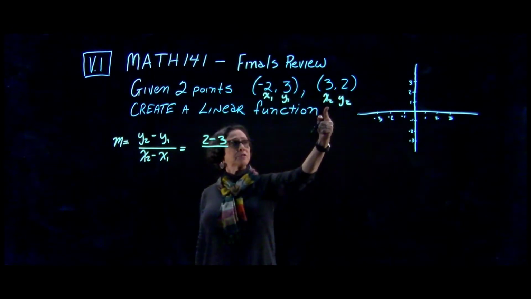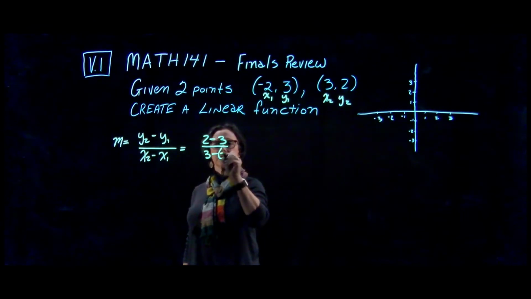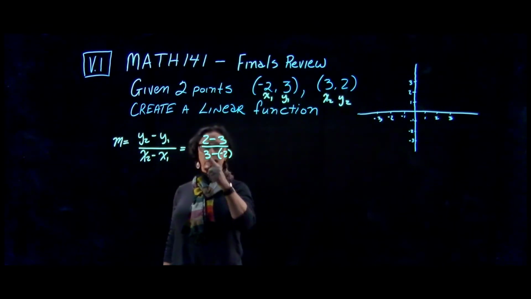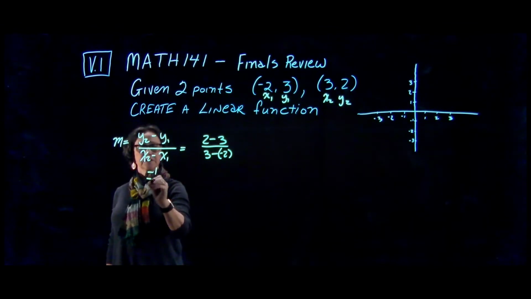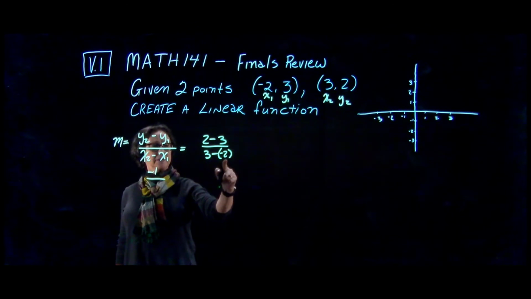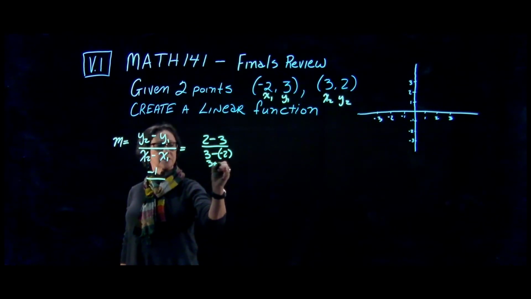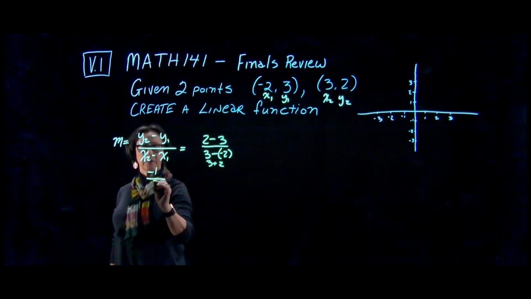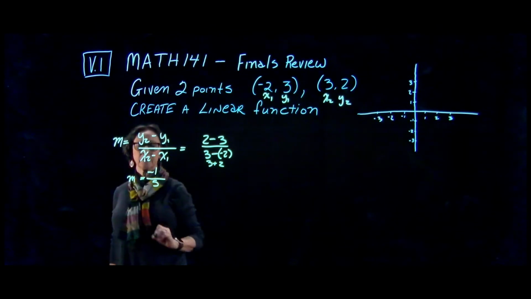My x sub 2 is 3, and my y sub 2 is a negative 2. When we go through this process, 2 minus 3 is minus 1. 3 minus a negative 2 is the same as 3 plus 2, so we end up with a 5 in the denominator. So negative 1/5 is my slope.